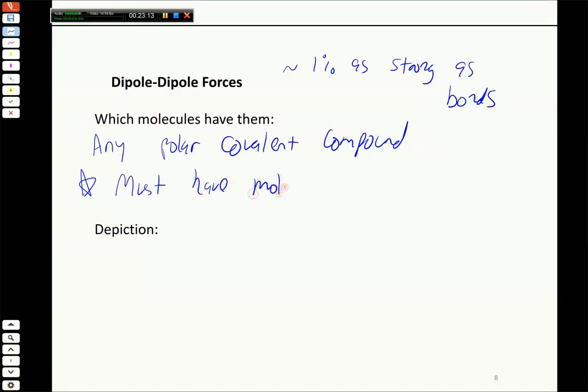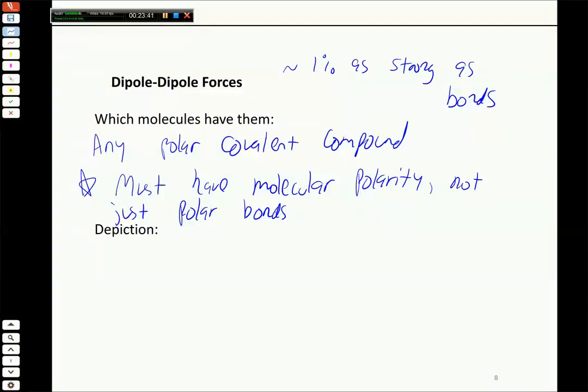Because we talked about in Chapter 4, when we started talking about the shapes of molecules and how that relates to polarity, it's possible to have polar bonds in a molecule but no net dipole because of the geometry of that molecule and the cancellation of those dipoles. So it can't just have polar bonds. In order for you to have dipole-dipole forces, the molecule itself must be polar. So we're talking about only molecules that in total are polar.